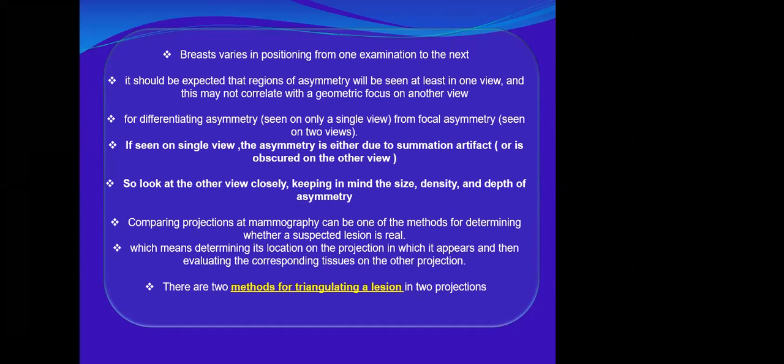For differentiating an asymmetry seen on only a single view from a focal asymmetry seen in two views, which is either due to summation artifact or obscured on the other view, we need to keep looking in the other view for that abnormality, keeping in mind its size, density and depth, as we described before.